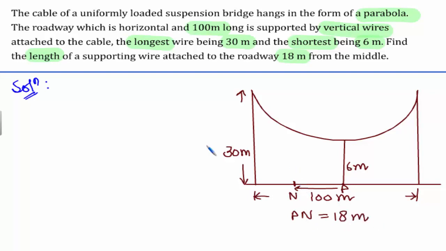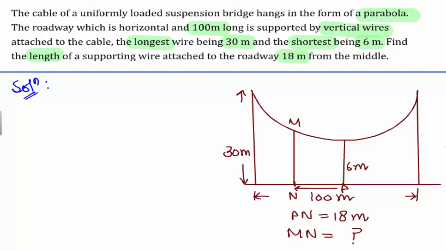Then we have to find the length of the vertical wire which is attached to the suspension bridge. Let us denote this point by M. So we have to find MN.